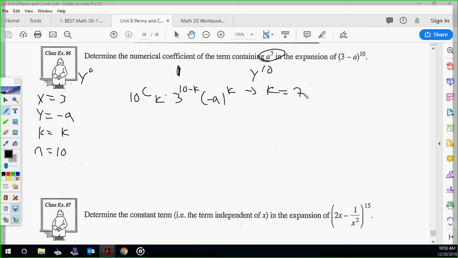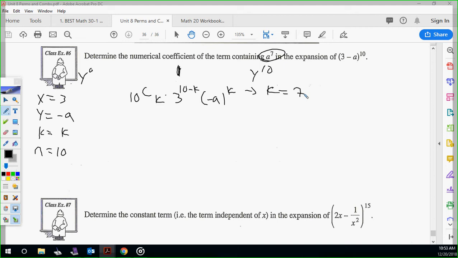One thing that's really important, guys, is you're trying to figure out whether we need to add 1 because of 0. We're not in rows right now. It just says the numerical coefficient of the term containing an a^7. In order for the term to have an a^7, k has to be 7. It's just straightforward. Look at your formula, the one we're using the whole time.